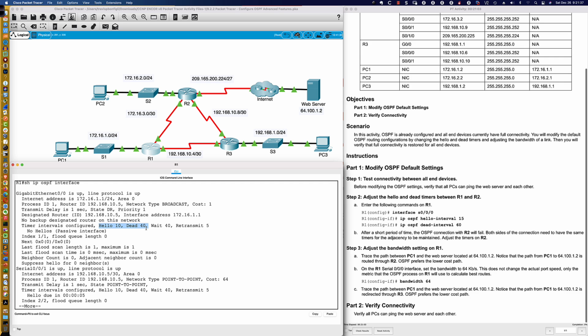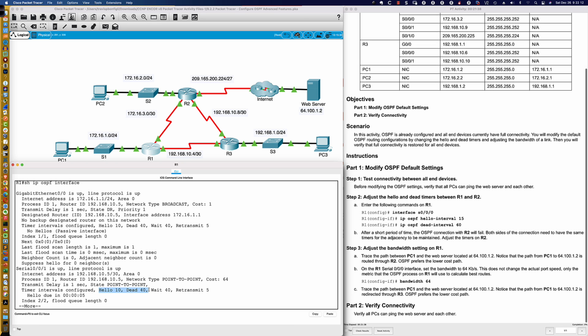Now, there's a lot of information in that packet for a lot of other things, but it's all about neighbor discovery, neighbor acquisition, and neighbor maintenance, keeping that relationship with your neighbor up and alive and healthy. And then the dead timer, again, would be 4 times the hello timer by default. Now, when we look at a point-to-point network type, we can see that the hello timer is 10 and the dead timer is 40.